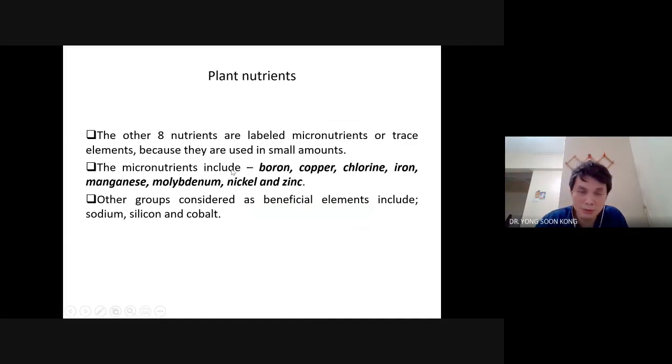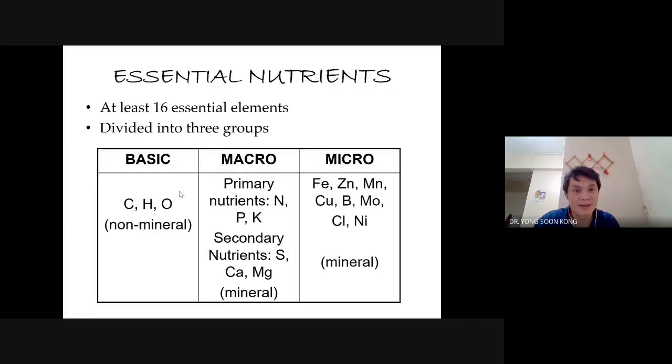Now, to recap what I said earlier, micronutrients are elements that are needed in trace amounts. Trace means extremely small amounts. These are the summary of the essential nutrients in macro and micronutrients, which you do not need to memorize.